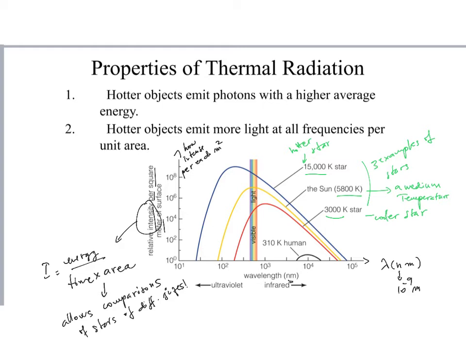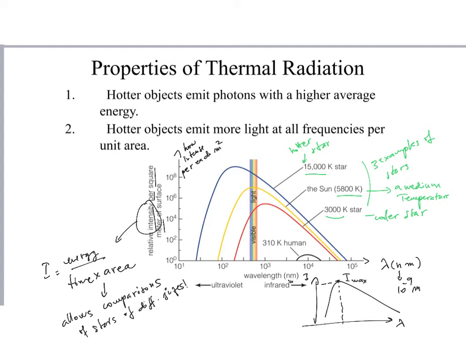So we have 3 stars, and you can see there is a characteristic shape, also called the blackbody characteristic shape. Every time you see something like this, intensity as a function of wavelength for any blackbody is going to look like this. There is a maximum, which is where intensity is maximum.